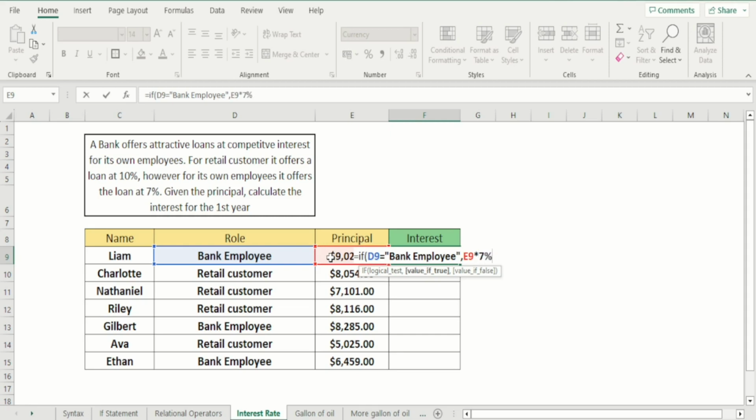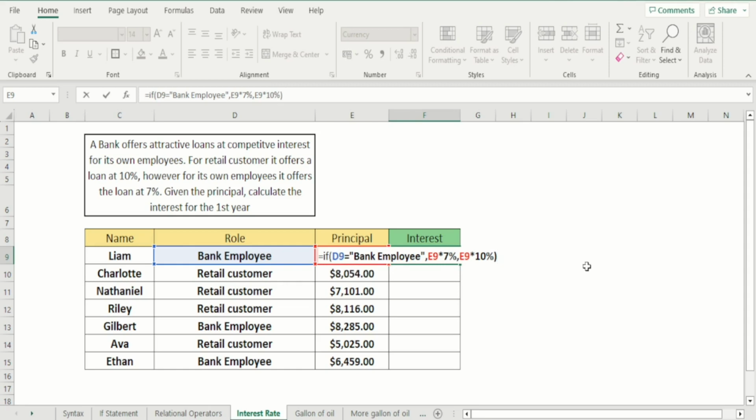So we mention 7% here. However, if D9 equal to bank employee is false, which means the role is not a bank employee, in this case, given this table, it would mean that the role is that of a retail customer. Then in that case, give me the principal multiplied by 10%. Remember, 10% is the interest rate that's given to the retail customers.